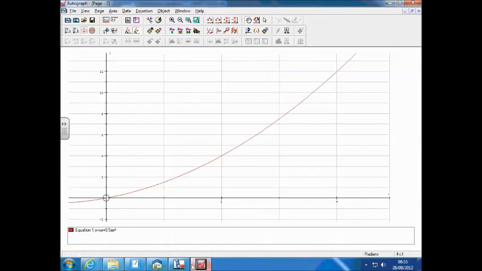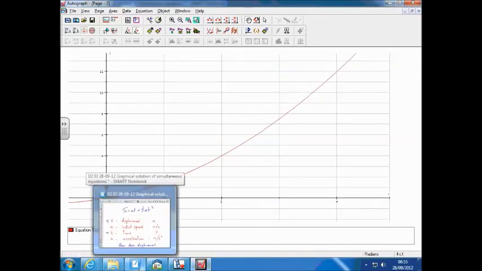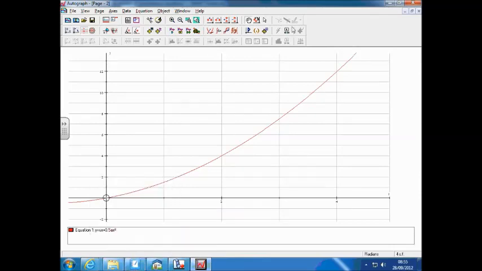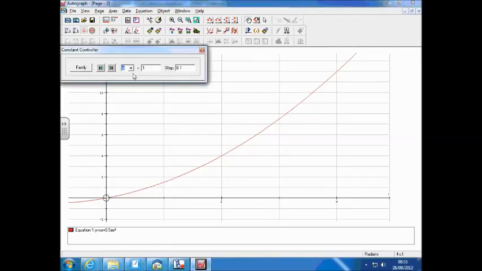Autograph has plotted something for us because by default it sets u and a as 1. If I go to the constant controller here and look at the values for u and a, the constants are in here. Whatever letter I put in apart from x and y will appear in this constant controller, and I can change the values of them, set by default to 1.